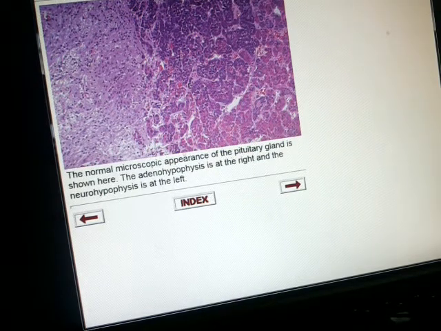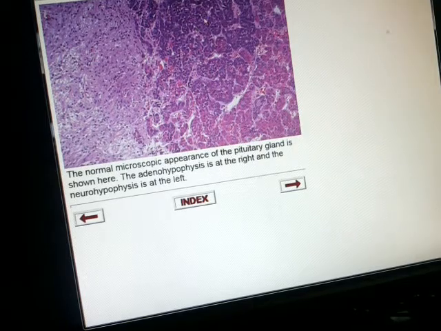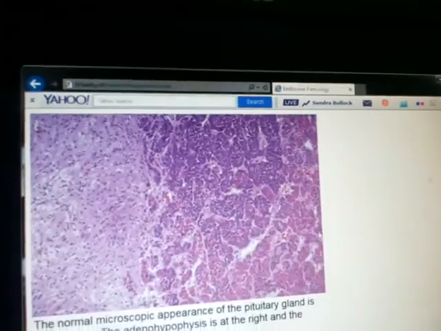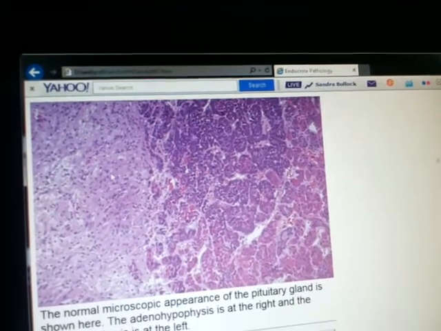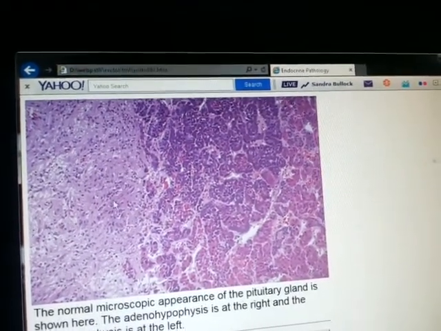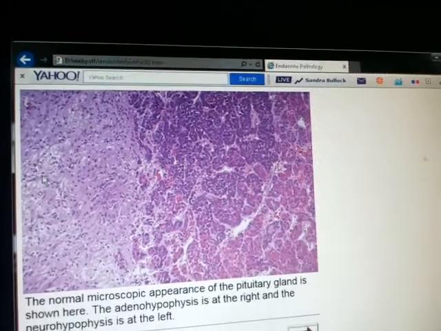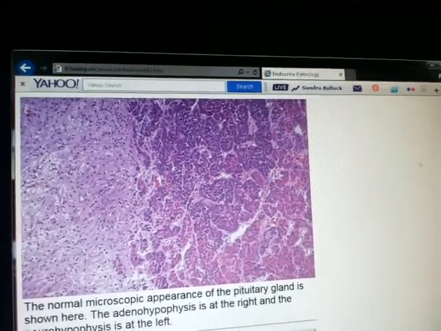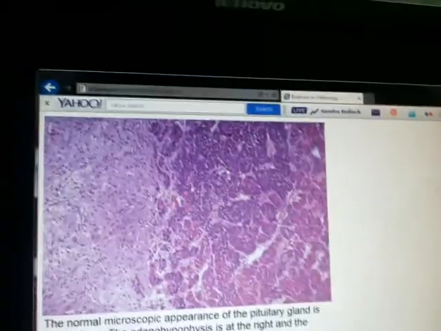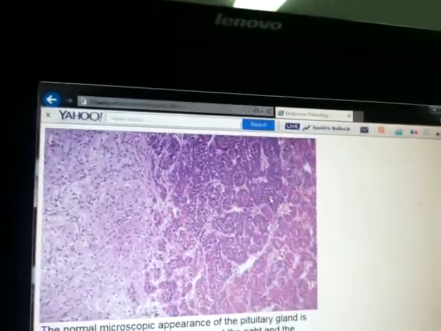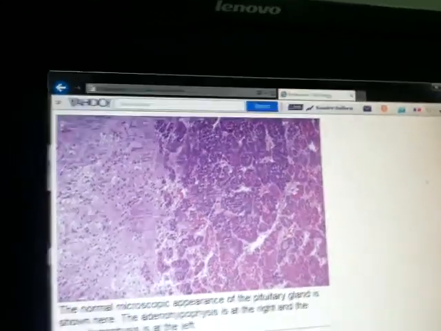These are the endocrine cells forming the anterior pituitary lobe, and this is the neural tissue forming the posterior pituitary lobe or the neurohypophysis.